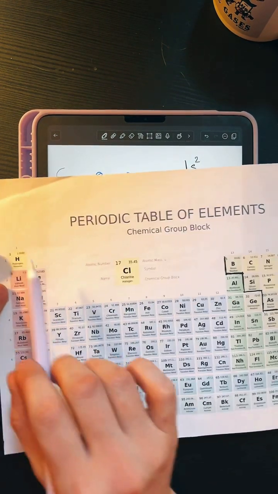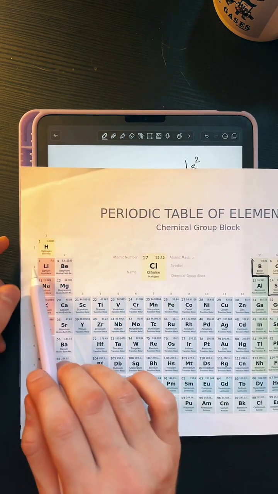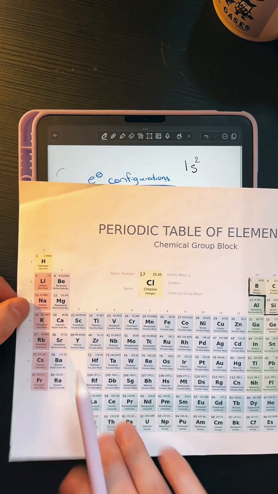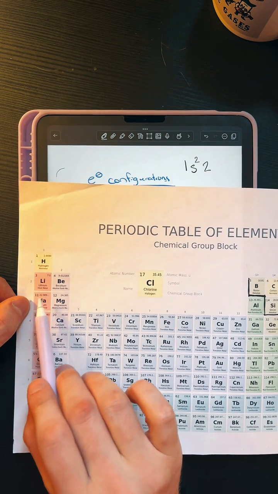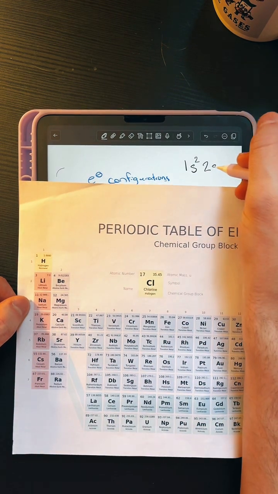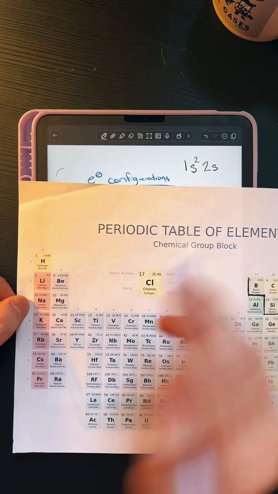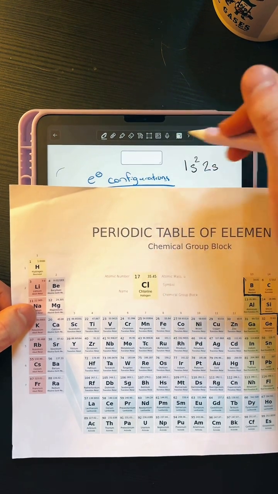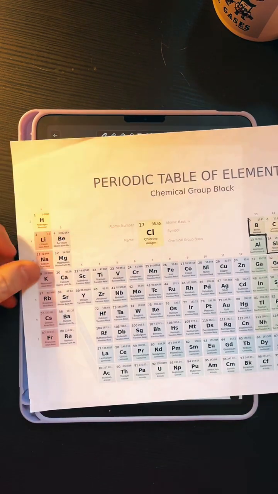Now if we continue reading left to right, we go through the full first row, then we go down to the second row. In the second row, we hit the S block first, and then we go over 1, 2 elements. It's hard to do this with a piece of paper on top of my iPad.